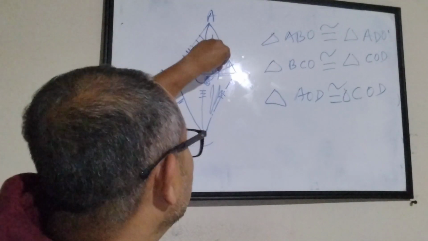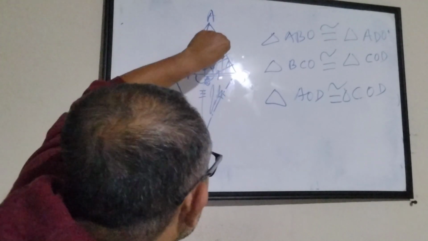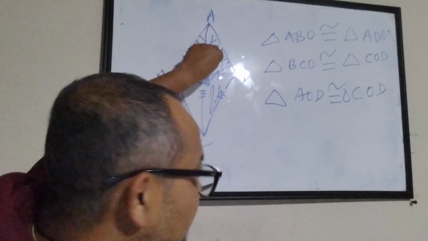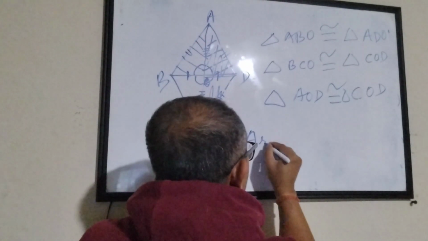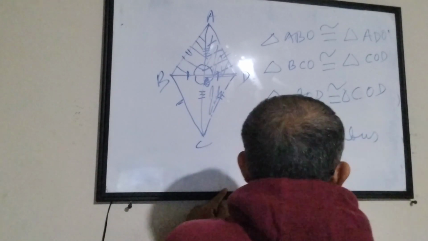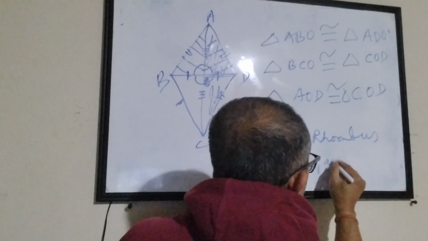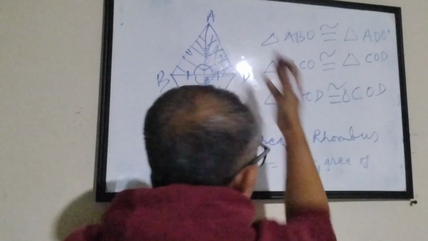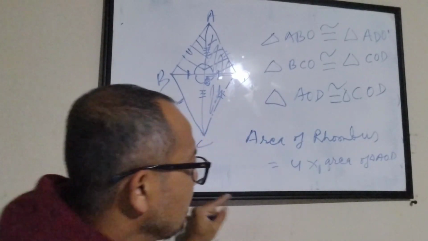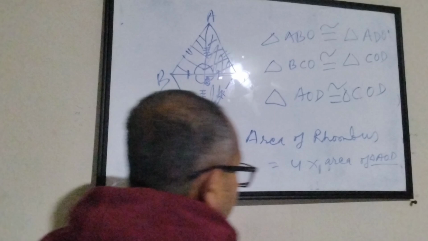This is congruent with this one, so this area is the same. This is congruent with this one, so this area is the same. And this is also congruent with this one, so this area is also the same. So I can say area of rhombus equals 4 times the area of any of the triangles, let's say AOD. Now AOD is nothing but a right angle triangle.